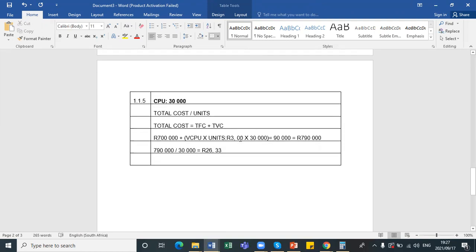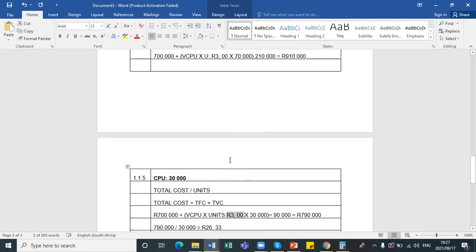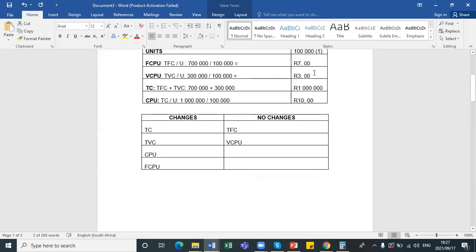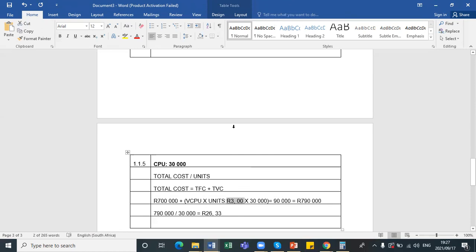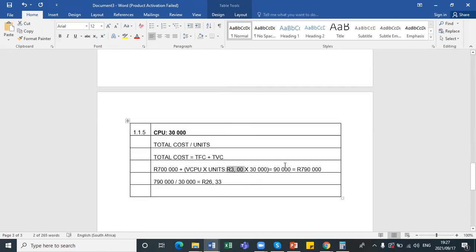My variable cost per unit here is 3 Rand because my variable cost per unit never changes. And I multiply that with the new units of 30,000. And there's my new total variable cost. So there's my 90,000 plus 700,000, and that's my total cost. So now I can calculate my cost per unit of 790,000 divided by 30,000.